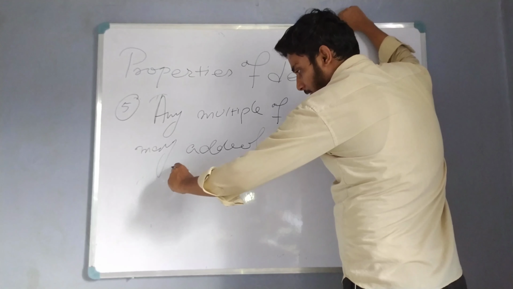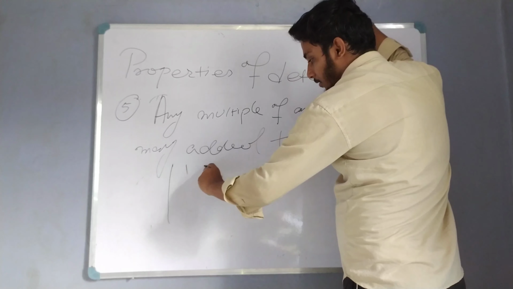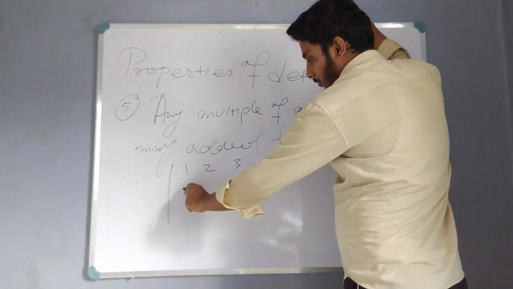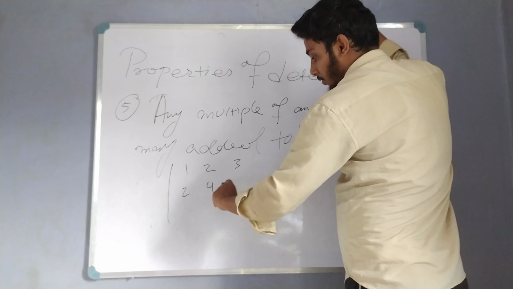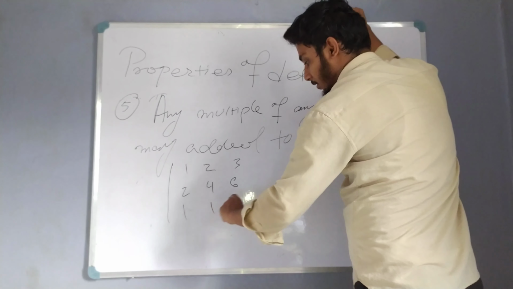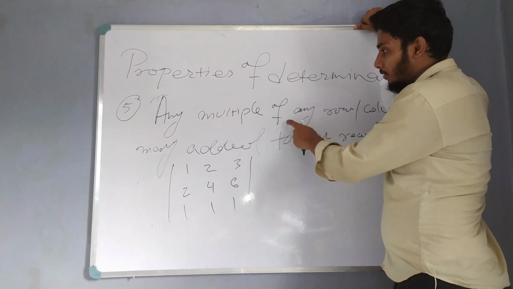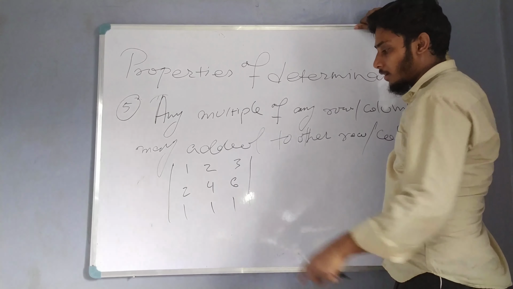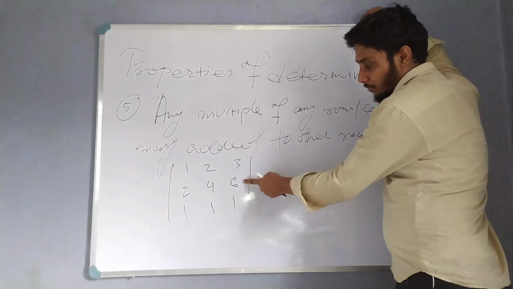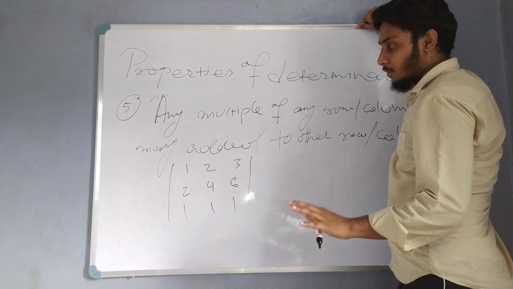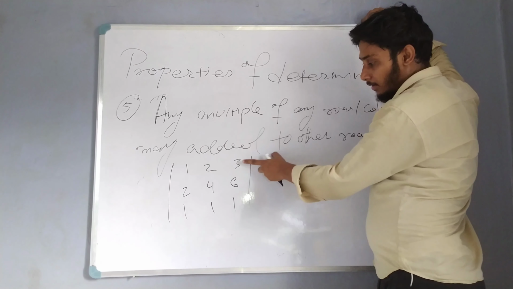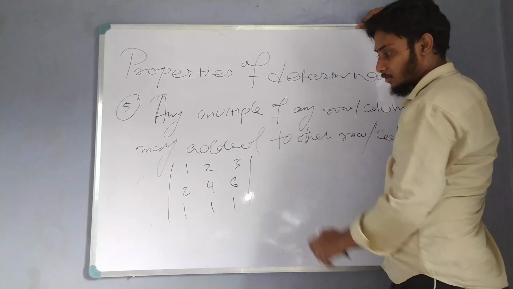The property is, suppose I have a determinant 1, 2, 3, 2, 4, 6, 1, 1, 1. So the property number 5 is, you can add this row with this row, and you can also add some multiple of this row to this row.